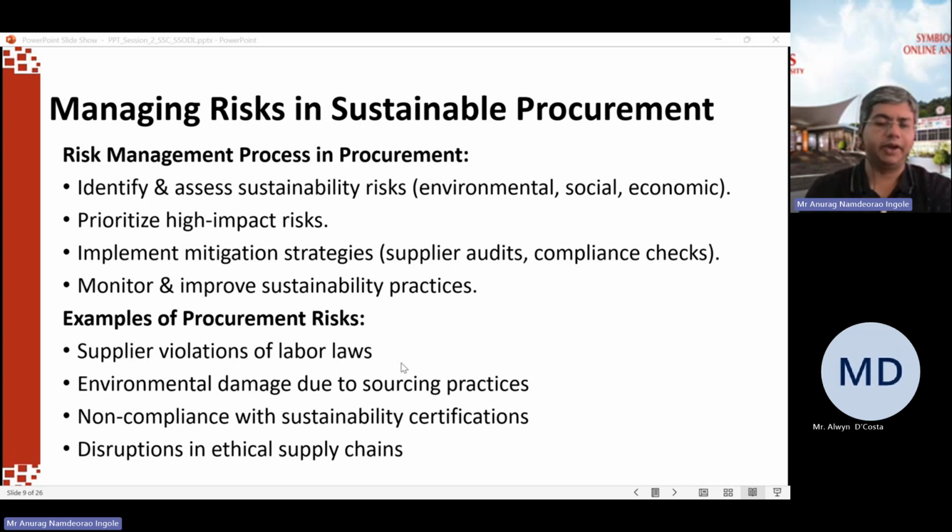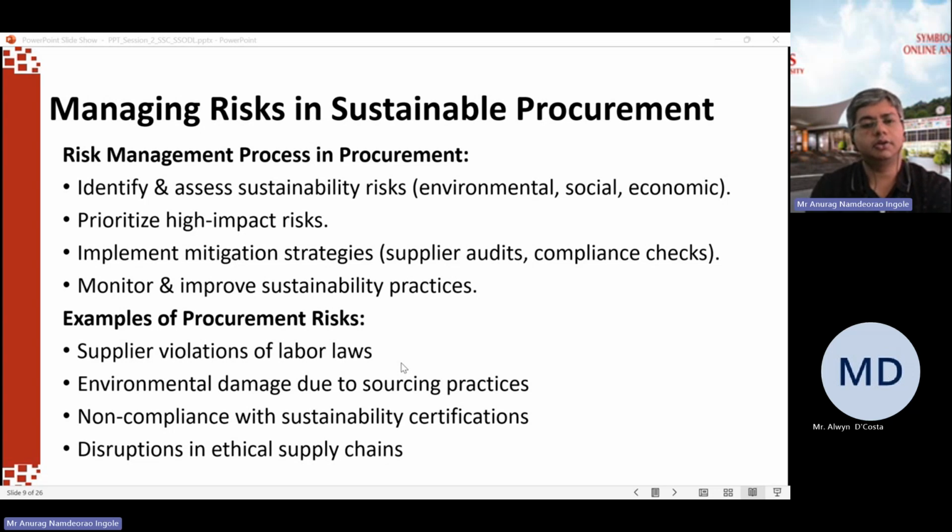It is never ending, because new types of risks are always generated whenever you do any kind of process change or engage with any new supplier. There are new types of risk coming, right? So the risk management process goes on and on. You are continuously monitoring, continuously identifying new risks, then you do an impact analysis, and if it is a high impact risk, you do the mitigation strategy for that.